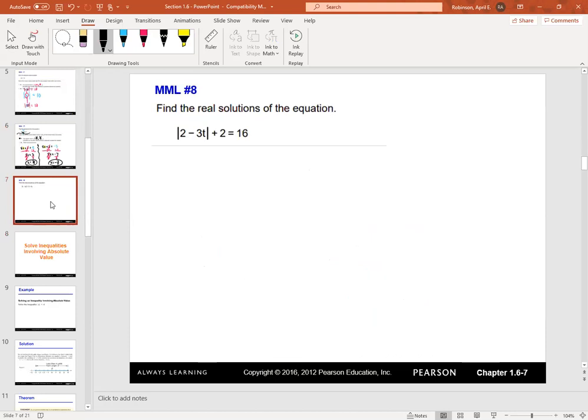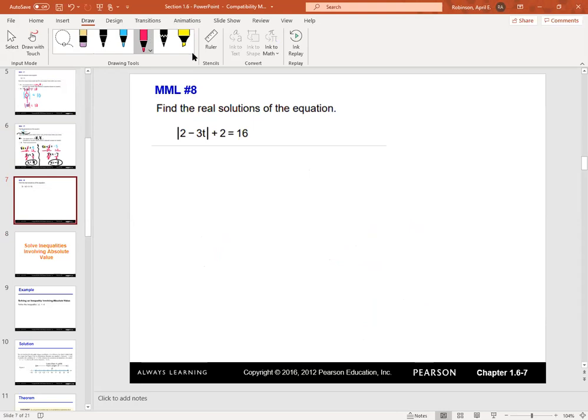Okay, and one more. Before you can split this into two, the absolute value has to be isolated. Just like when we were working those radical problems, the radical had to be by itself before you could square it or cube it, same thing here. You have to get the absolute value by itself.